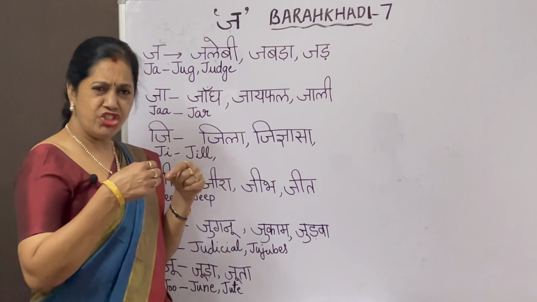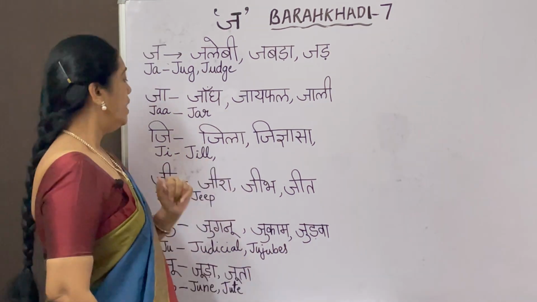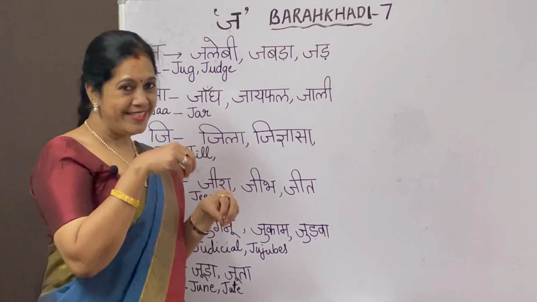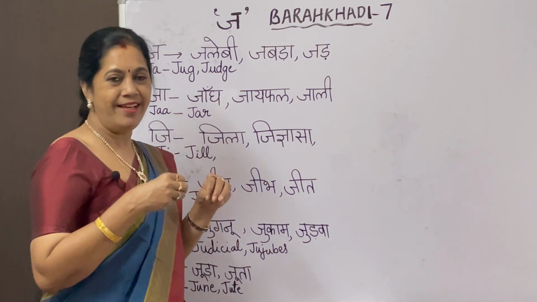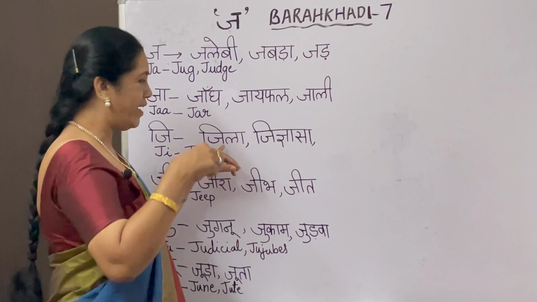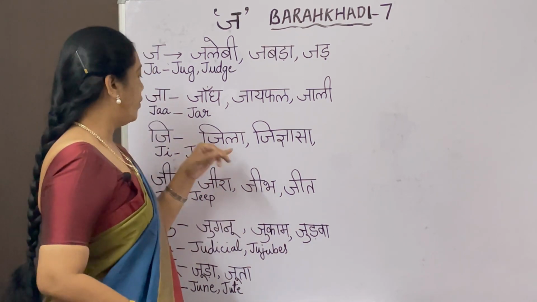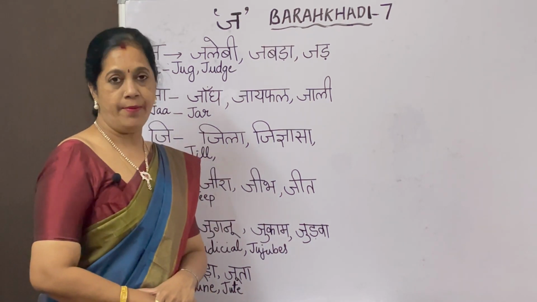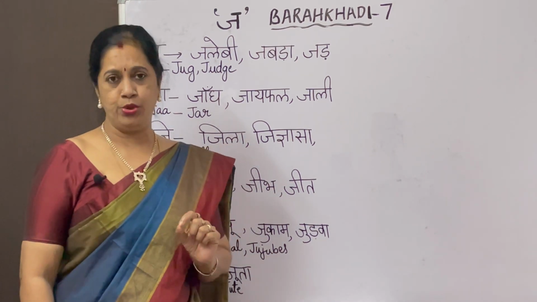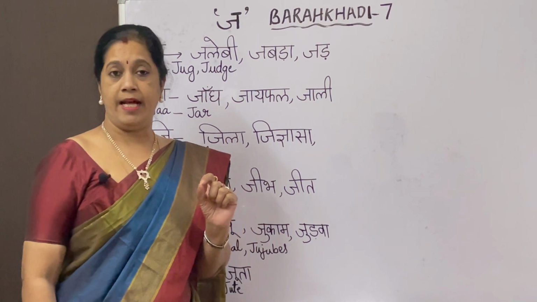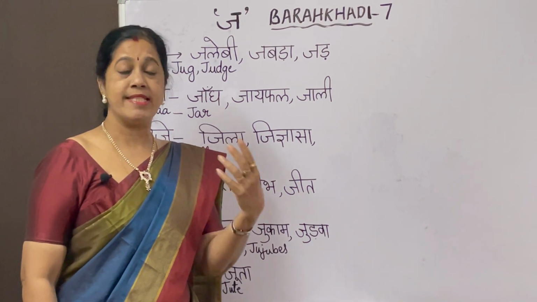The next one, the soft G, like how you say Jack and Jill. Here I have given the word Jila. This word is actually from Urdu. It is actually Zila, Z, like how you say Zameen.